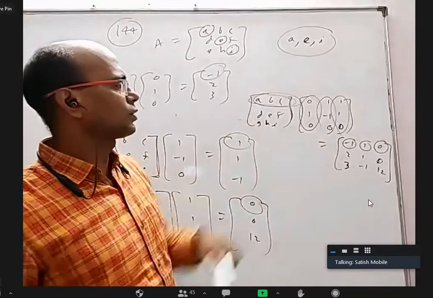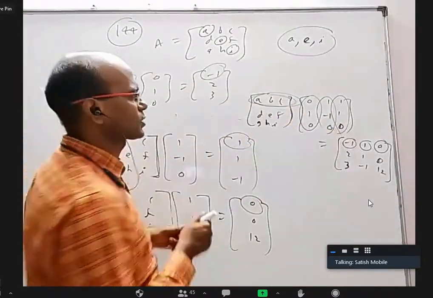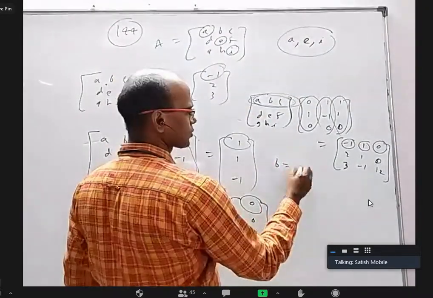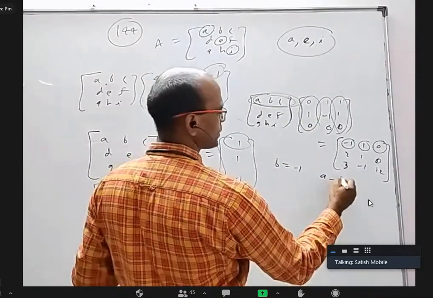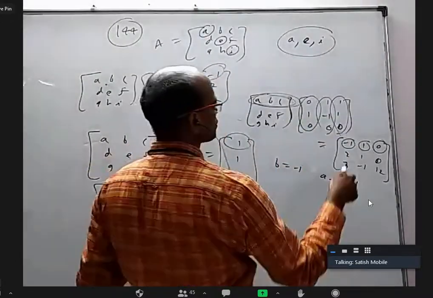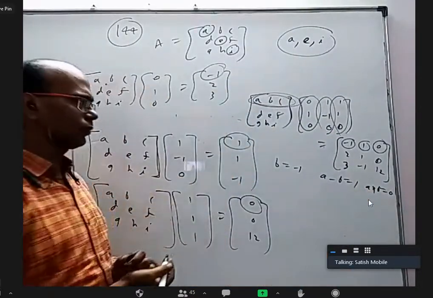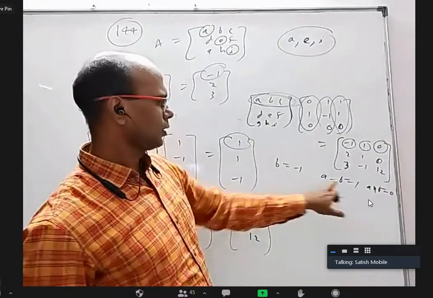Okay, so let us see. After writing like this, let us write only the first row related things. What will I get? B is equal to minus 1. This into this is A minus B equal to 1. This into this is A plus B equal to 0. Okay, so if I put B as minus 1, I'll get A as 1 here.